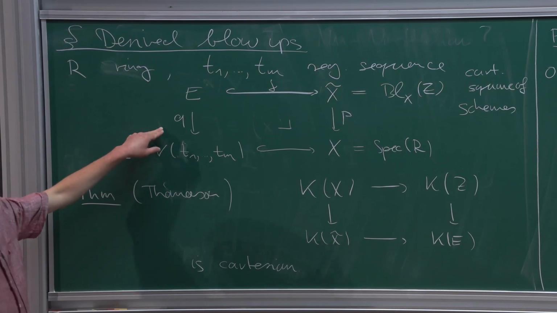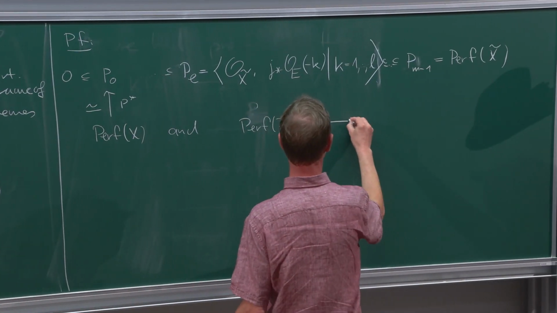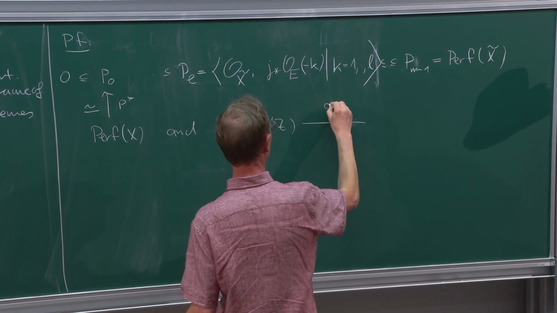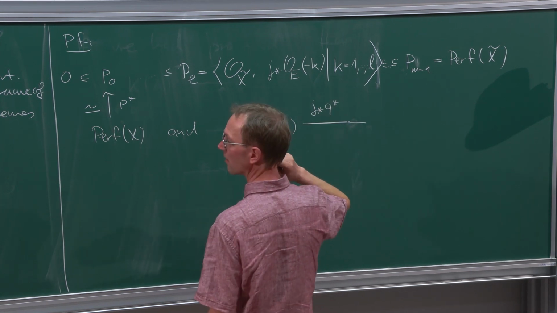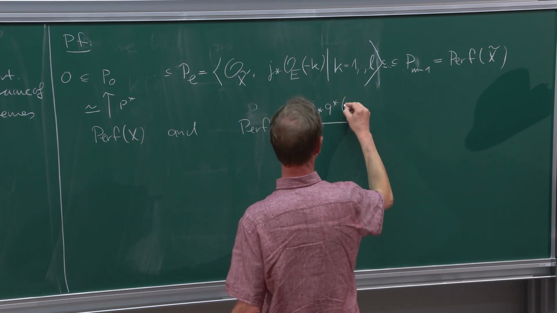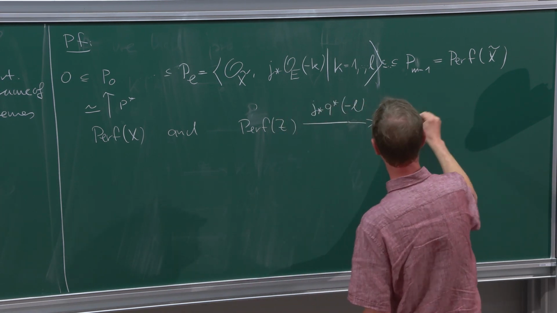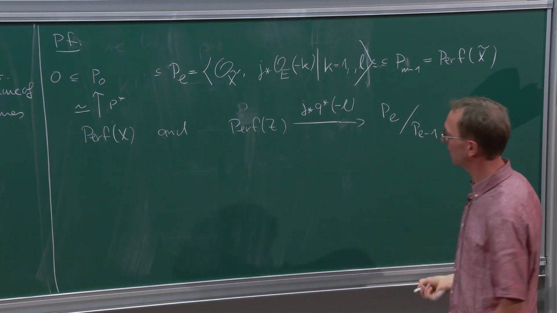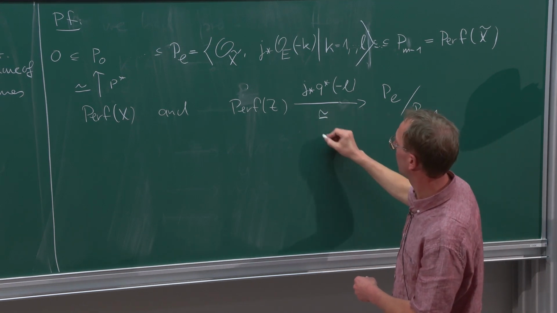Let's call this map here Q, the map from the exceptional divisor. We pull back with Q, then we push forward with J, and then we twist by minus L, I guess, and view this as a functor to P_L, and then mod out by P_{L-1}, so to this subquotient. And then again one computes that this is also an equivalence.